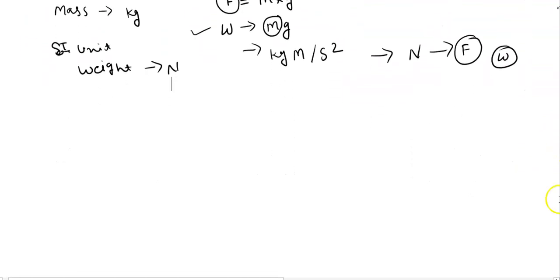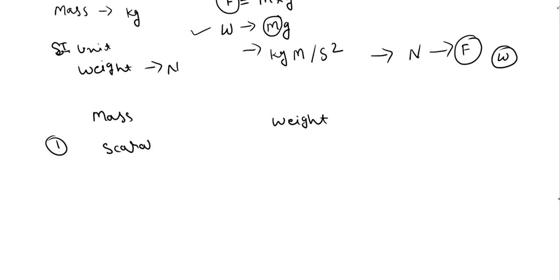Now come to the third point, the difference between mass and weight. So we will write here mass and here weight. Now the first point: mass is a scalar quantity. It has only magnitude, not direction.